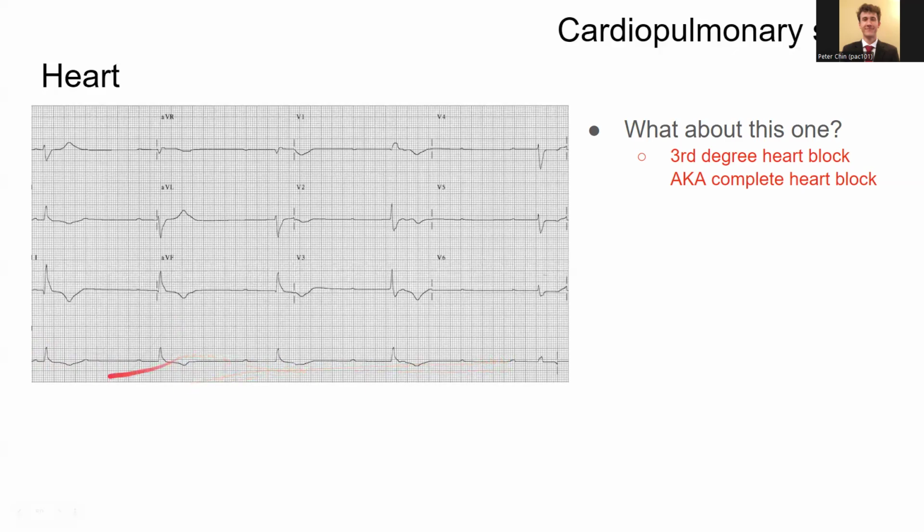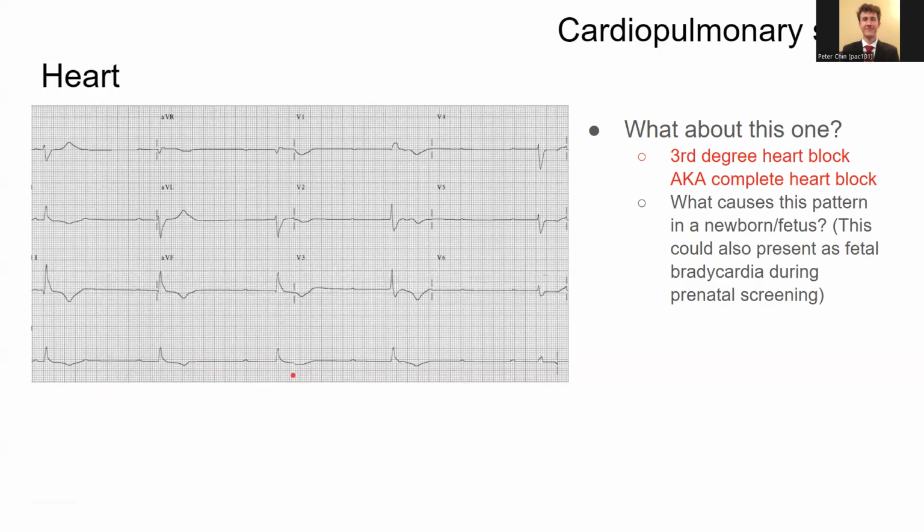But if you look between QRS complexes, here's the QRS, and then here's a T wave, and then this here is actually a P wave. And that doesn't conduct. And you don't see that intermittent drop of a beat like in Wenckebach. So you don't want that to distract you.